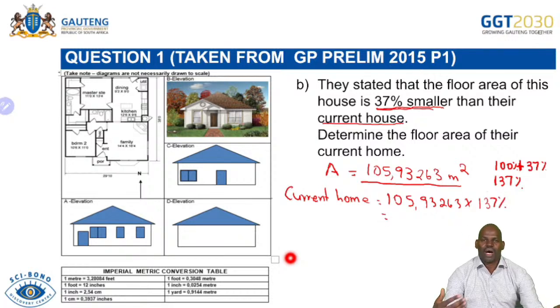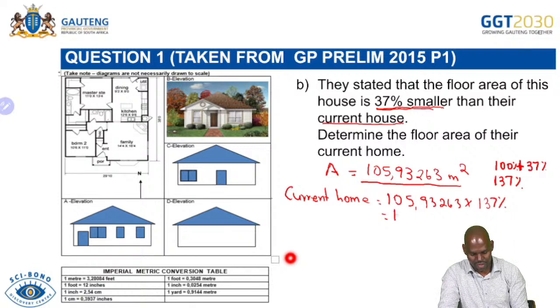Multiplying by 137% is the same as 137 over 100. So this is 145.1277 square meters.